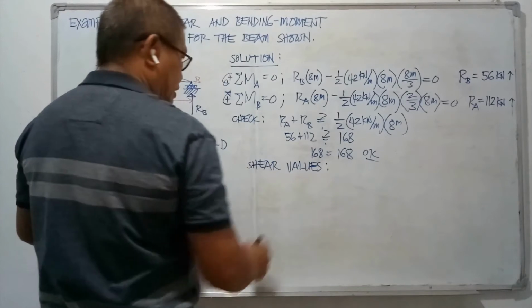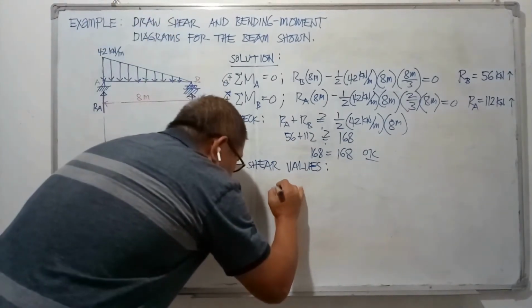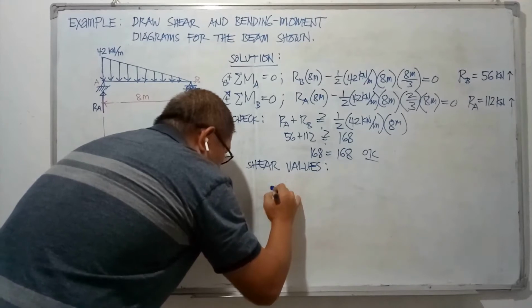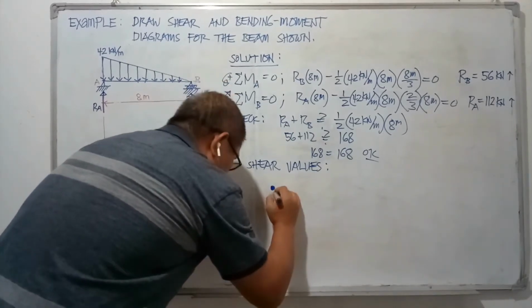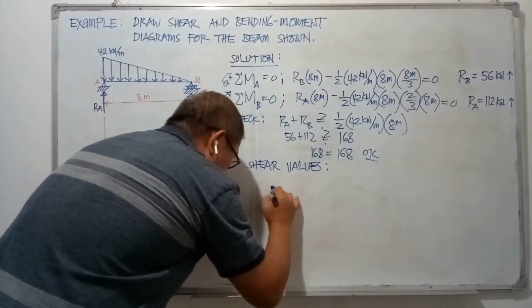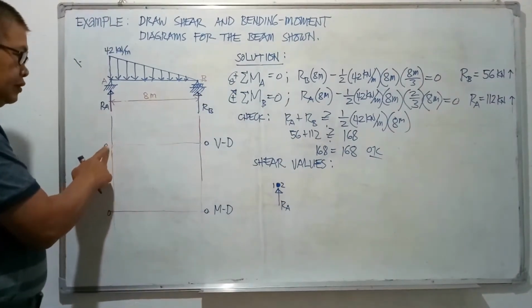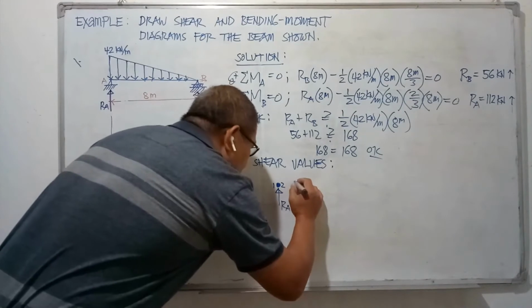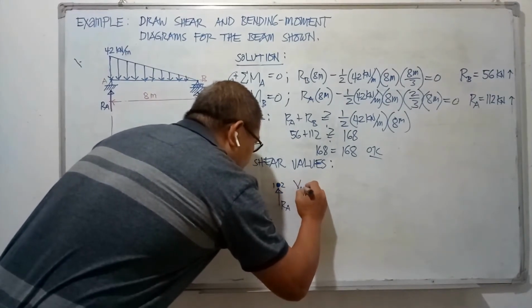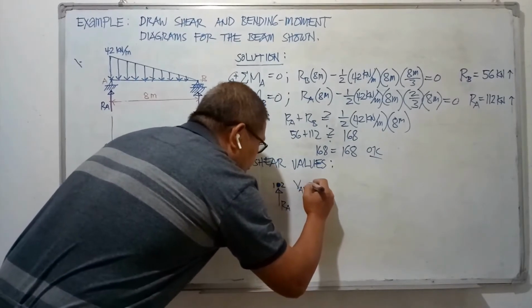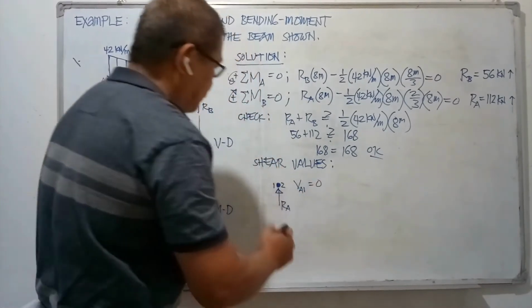At point A, again, we will have to imagine a point where R sub A is acting at the center. This point starts with 0. V sub A1, a little to the left of point A, is 0.